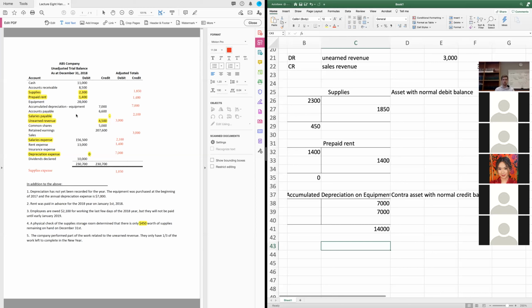Okay, so how should I do this? Now let's see. My account should be, if I put it here, let's say the adjusted trial balance. So my cash would be the same. I have a debit here, and I have a credit here.